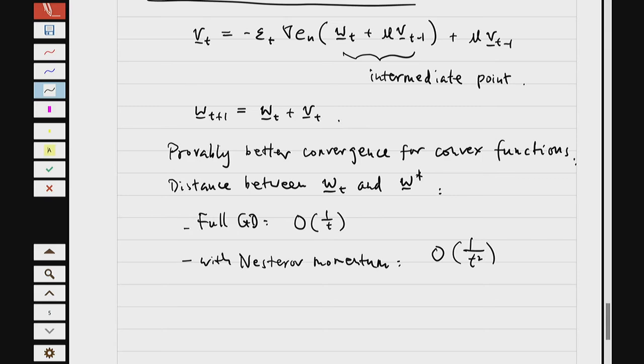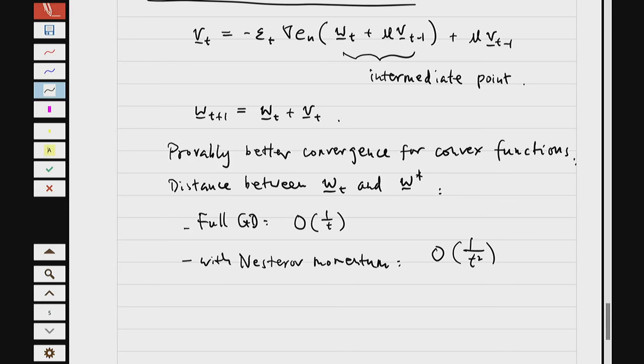So therefore with this one, it's actually much faster convergence to the optimum point than this one. And the proof, again, we don't have to worry about it. It has been proven and checked by other mathematicians. We just need to know that there is this nice result that we can use.